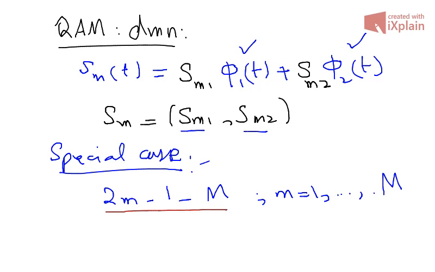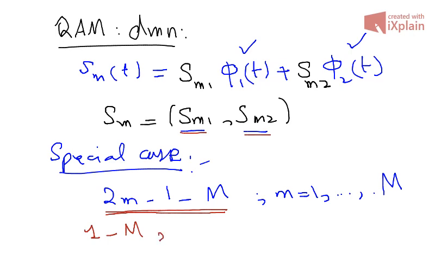So now we are taking these amplitude levels for Sm1 and Sm2. For m equal to 1, the value is 2 minus 1, which is 1 minus M.